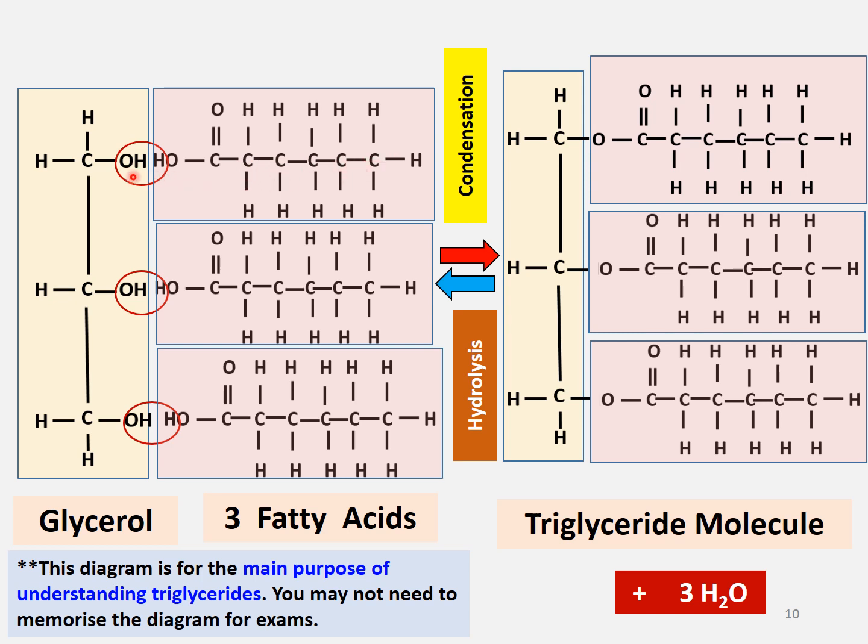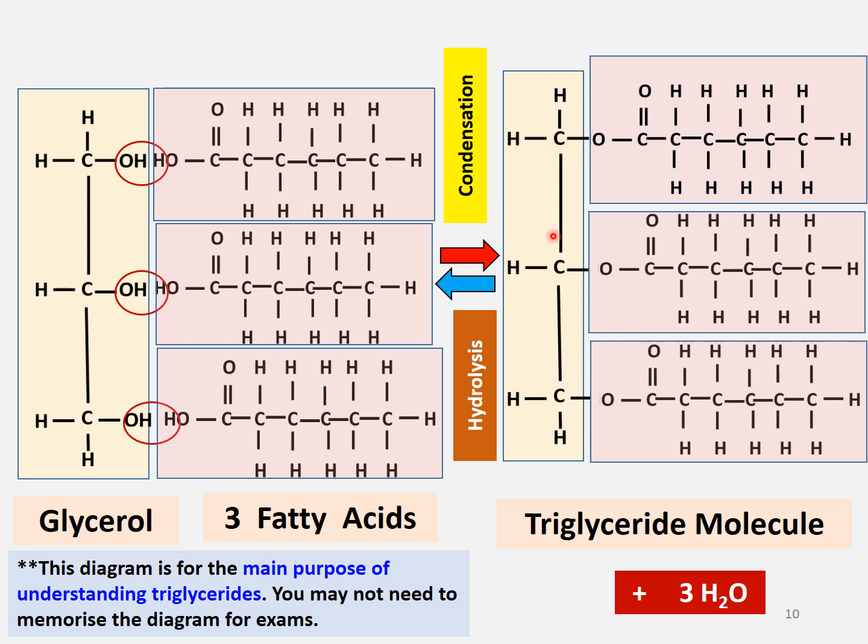So what happens here is the hydroxyl group of glycerol plus 1 hydrogen atom from the fatty acid will combine to form 1 water molecule. Same for the second carbon atom here and the third one. So the end result is we get this triglyceride.